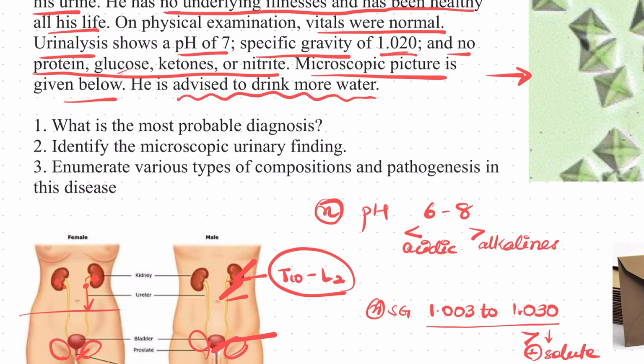So the more the solutes, the higher the specific gravity. And if it is low, like 1.003, it indicates more water than solutes. So any glomerular pathology, any leakage is also ruled out because specific gravity is normal. And see, here there is no presence of proteins, glucose or ketones in the urine.